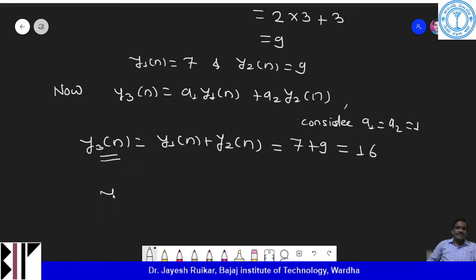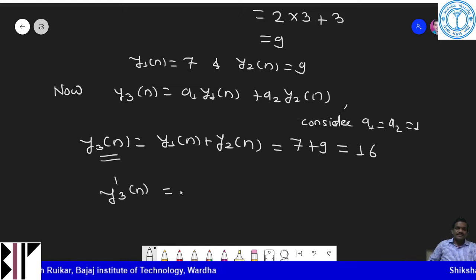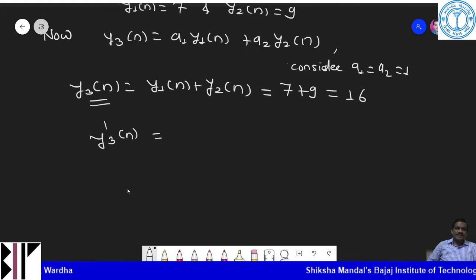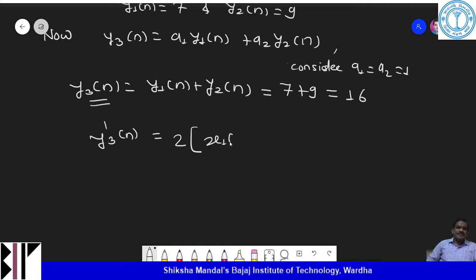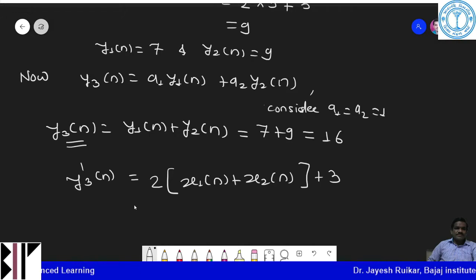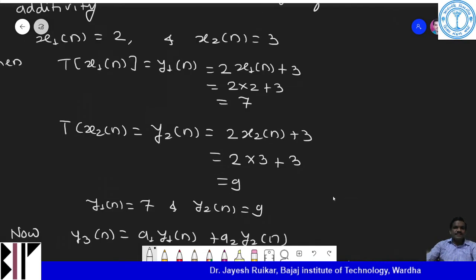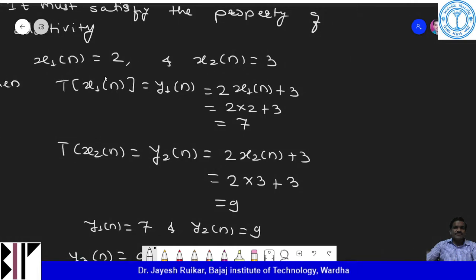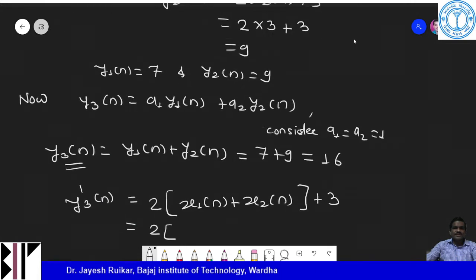Now y3 dash of n is nothing but the linear combination applied to the inputs first: 2 times x1 of n plus x2 of n, plus 3. What is x1 of n? It is 2, and x2 of n is 3.